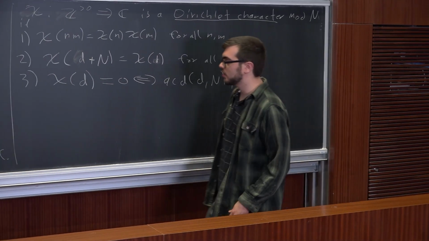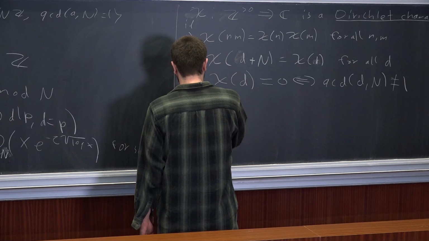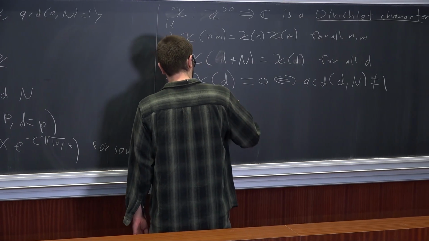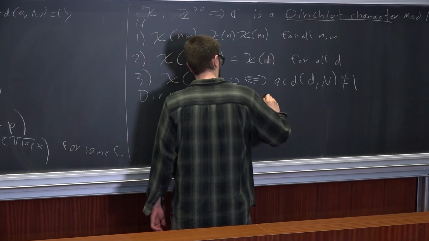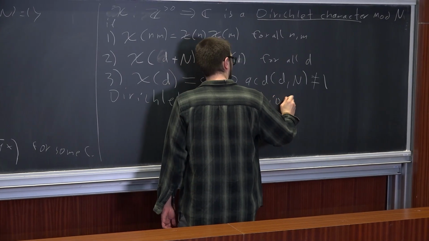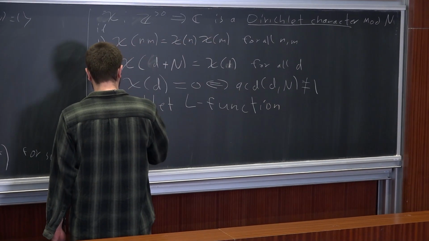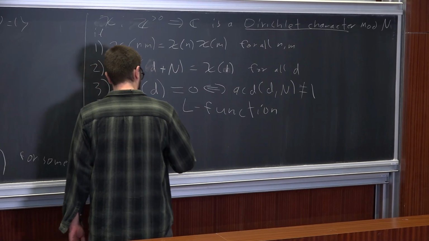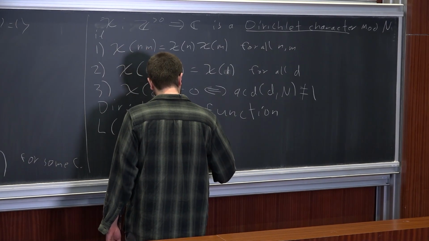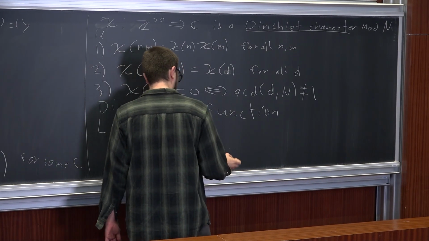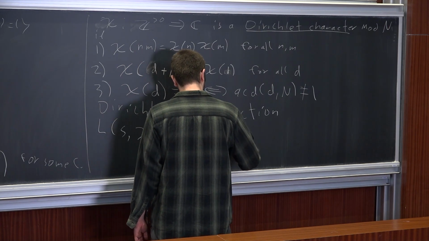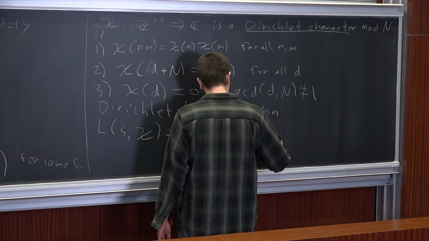When we have such a Dirichlet character, we define the Dirichlet L function by L of s, chi is equal to the sum from n equals 1 to infinity of chi of n times n to the minus s.